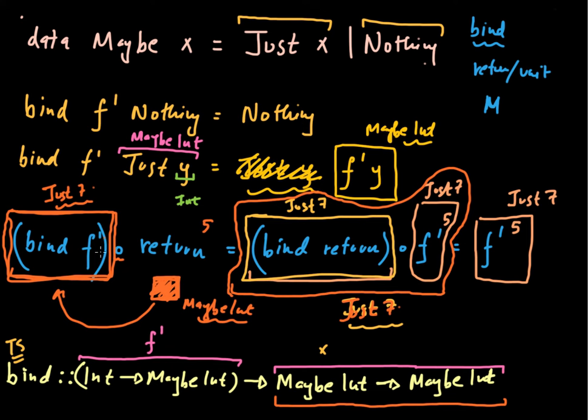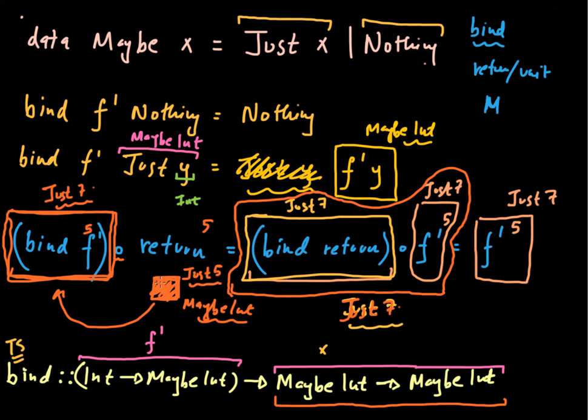Well, f prime must be taking in as an input something that should be 5, right? Because only if f prime takes in 5, the output of f prime on 5 is going to give you back just a 7. So if f prime takes in 5, and that 5 in this orange box must be encapsulated as maybe integer, this orange box must be just a 5.